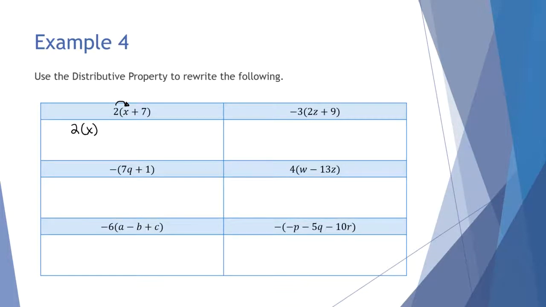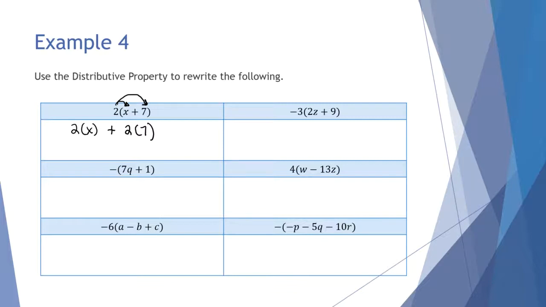And I use parentheses when I'm indicating that I'm multiplying. Then I'm going to do 2 times 7, and you always put a plus sign in between these. So I use the distributive property to rewrite this. I just took what was on the outside, and I have multiplied it by everything on the inside.